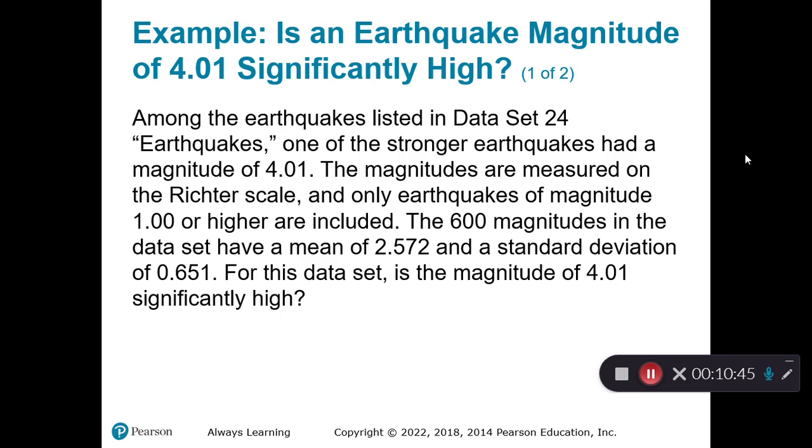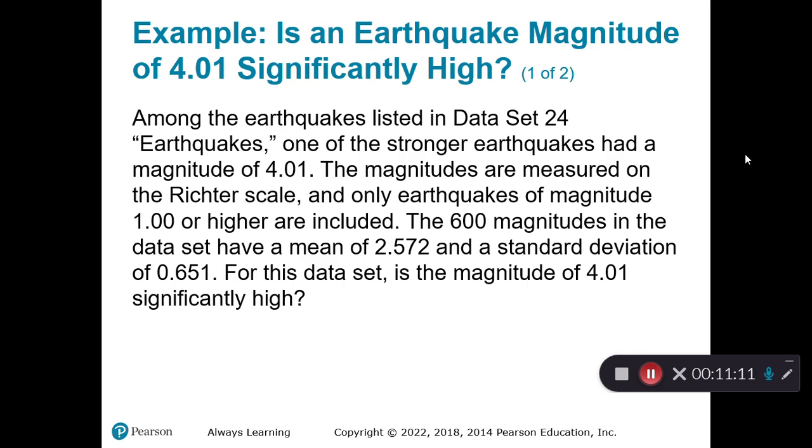The 600 magnitudes in the dataset have a mean of 2.572. And again, these values are in your textbook. They're not included in this slide. The standard deviation for those 600 readings is 0.651. For this data set, the question is, would a magnitude of 4.01 be considered to be significantly high?